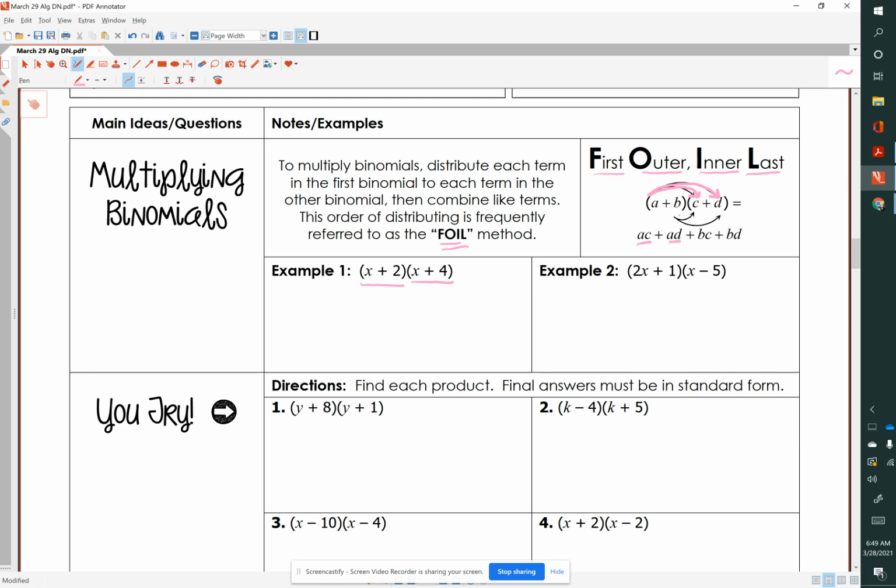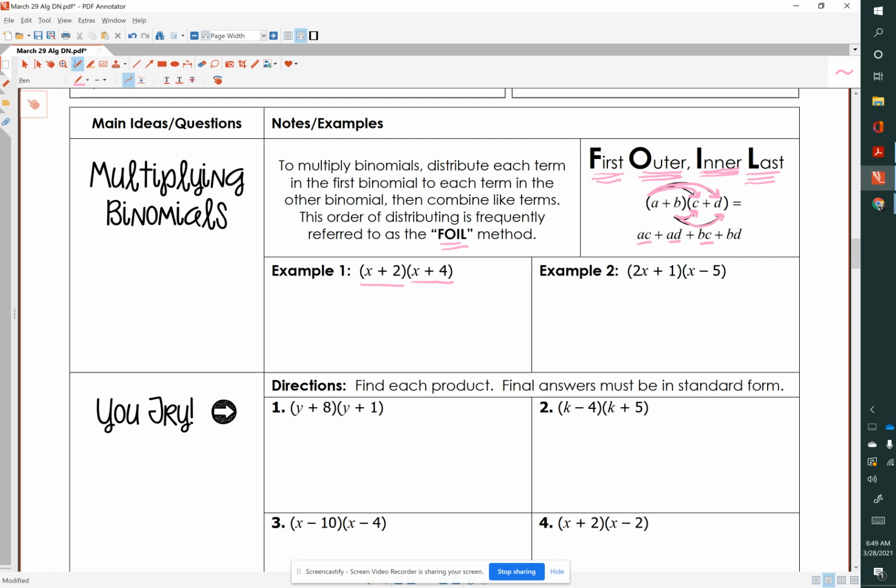Then you'll multiply b by c, which are the inner terms, and then you'll multiply b times d, which is the last term in each binomial. So first term of each binomial, the outside terms, so that would be the outer left and outer right terms, the inside terms, okay? So that would be the second term of the first binomial, the first term of the second binomial, and then the last term of each binomial.